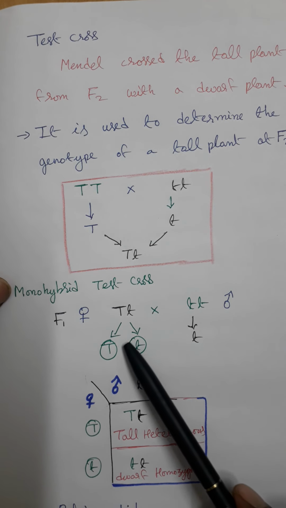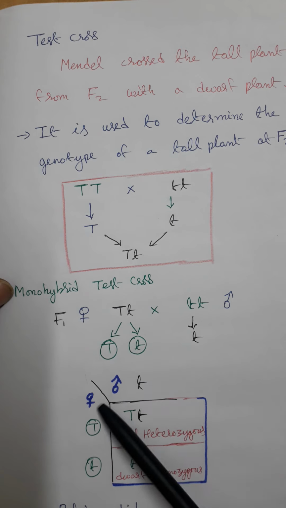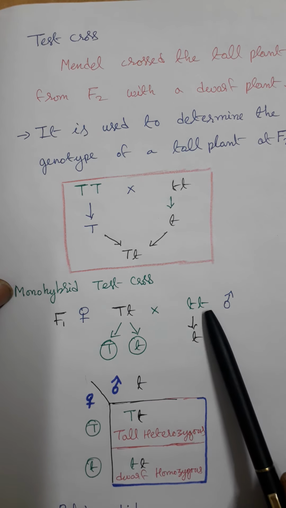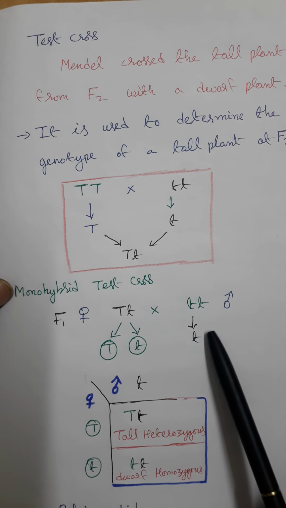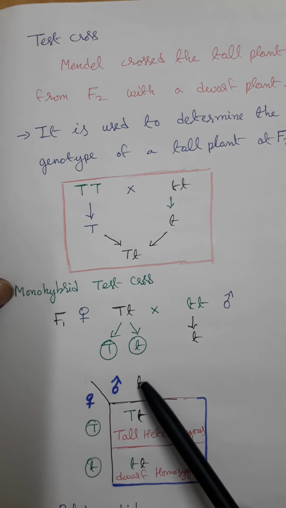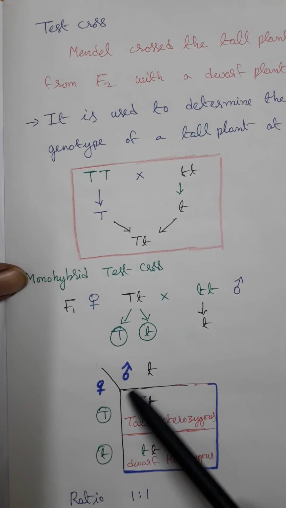The capital T small t female parental plant produces two types of gametes, capital T and small t, whereas the small t parental plant produces one type of gamete, small t. So here the gametic fusion.